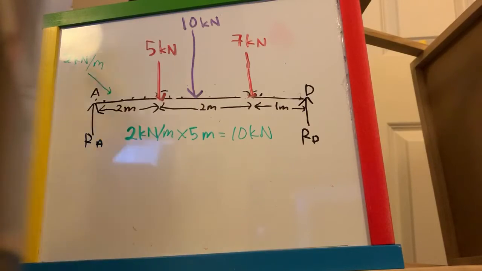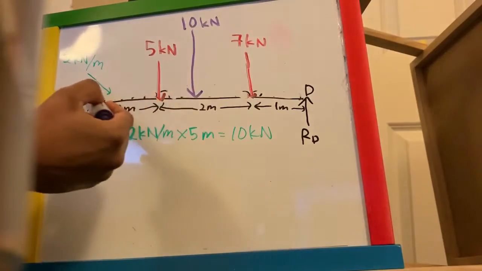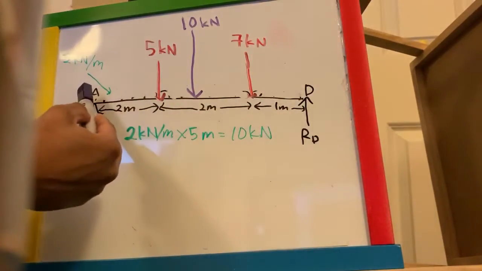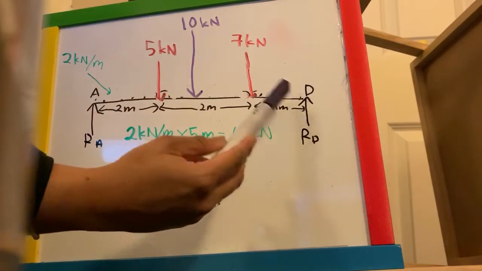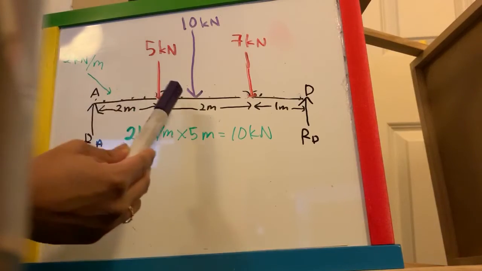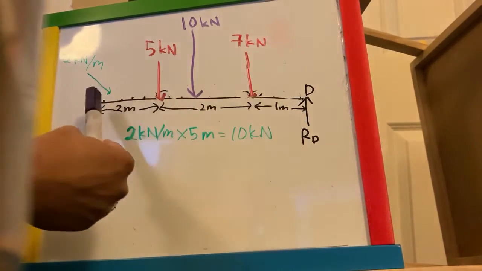Just to recap what we just did. Initially we had a uniformly distributed load which was distributed throughout the diagram from pivoting point A up to pivoting point D. We simplified that by multiplying it with the distance that it covered, which is the whole beam.